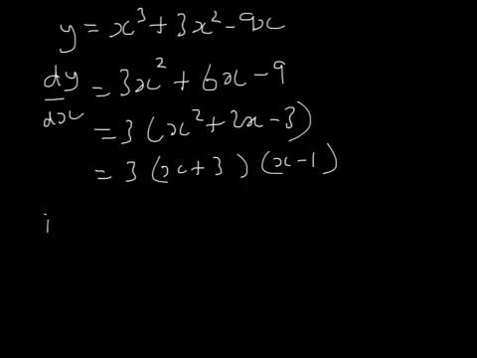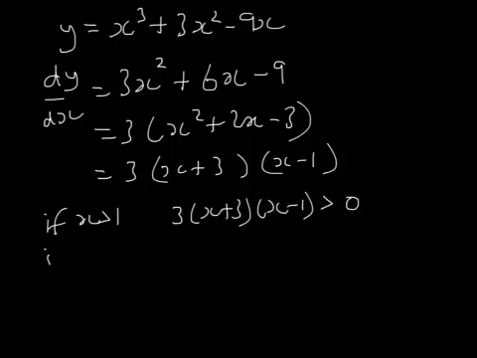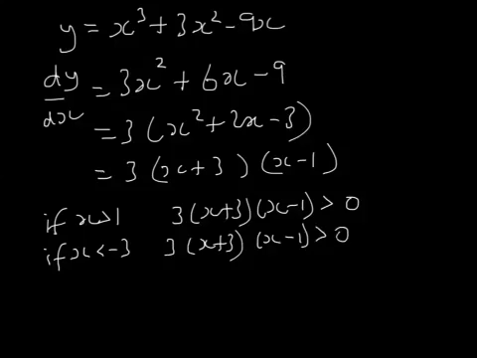Now, if x is bigger than 1, then 3 times x plus 3, x minus 1 is going to be positive. If x is smaller than minus 3, 3 times x plus 3, x minus 1 is also going to be positive.